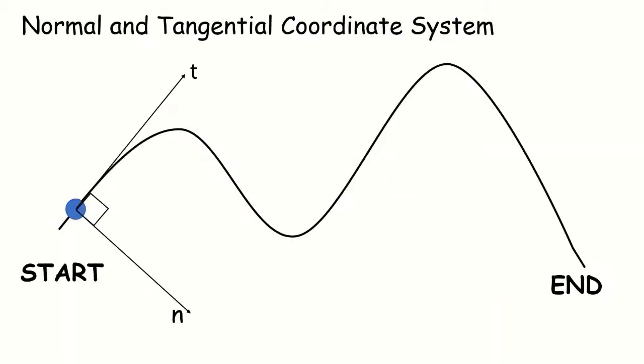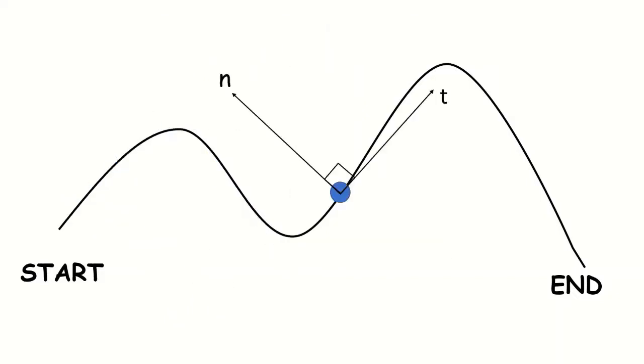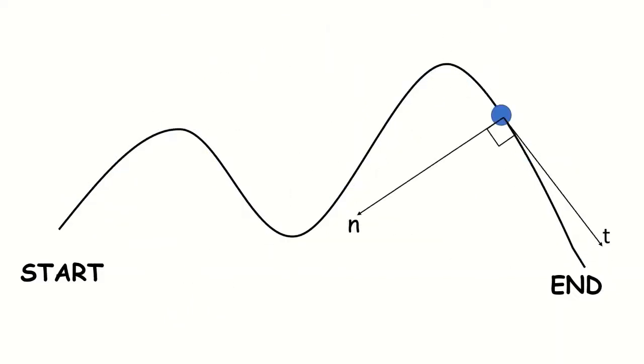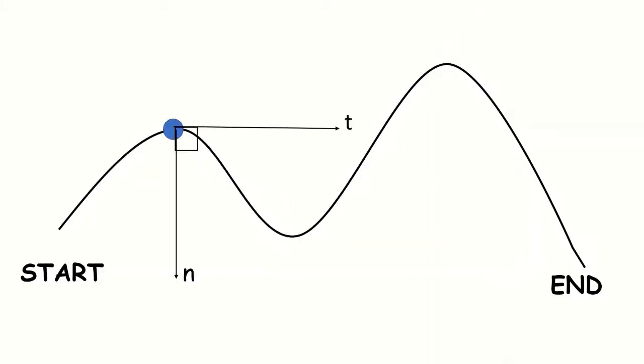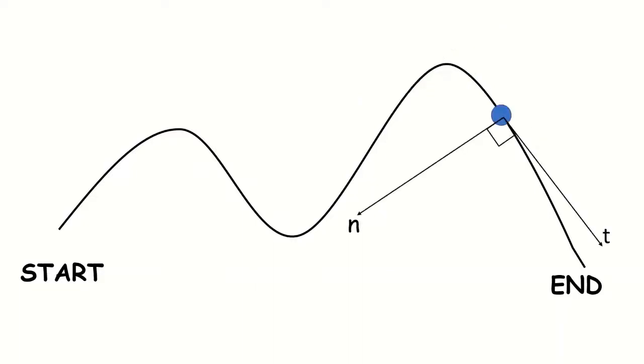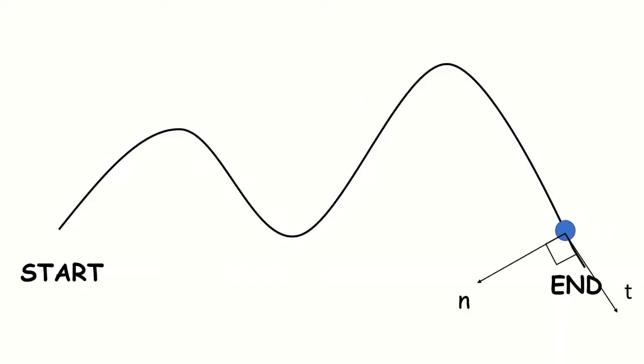As the particle traverses along the path, the whole coordinate system shifts with it. Since the direction of instantaneous velocity is changing all the time, the tangential axis also changes, and thus the normal axis. Now we can move on and see why this specific coordinate system is so useful for dealing with curvilinear motion.